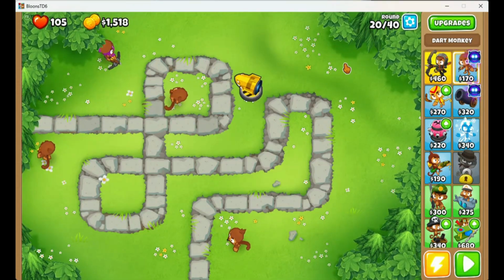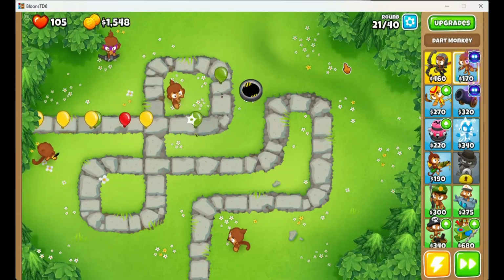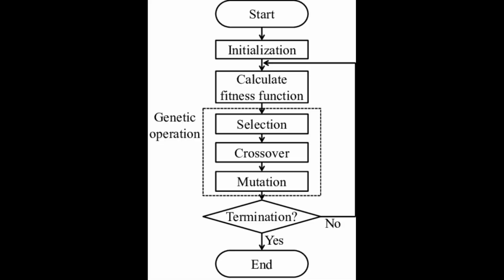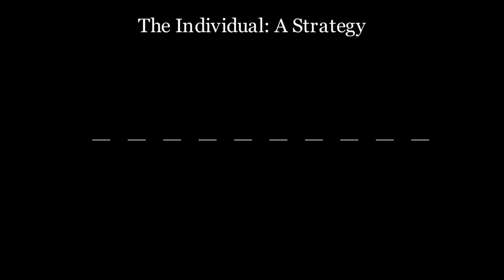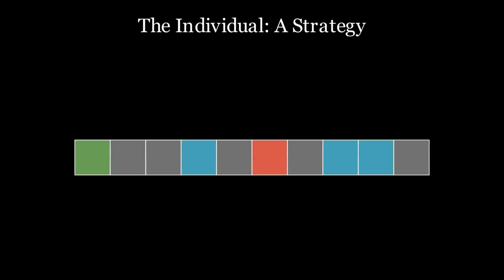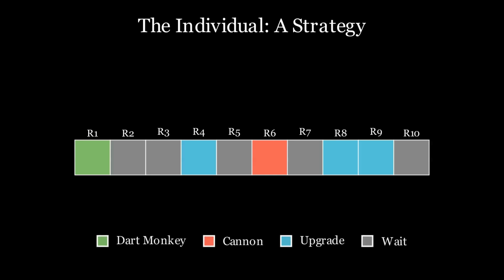Now let's take a look at the AI we are gonna use. For the purpose of our game playing mechanism, we're gonna use something called a genetic AI. A genetic AI is based on the concepts of biology, combining different attributes that are typically found in evolution theory. First, we're gonna create an individual, which is one representation of all the actions our AI should take during one game, so all the 40 rounds.